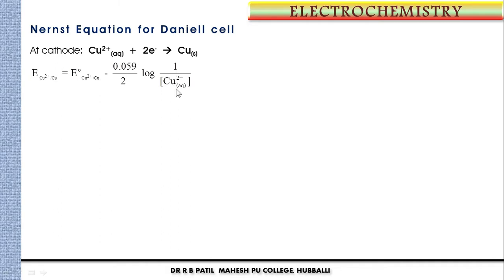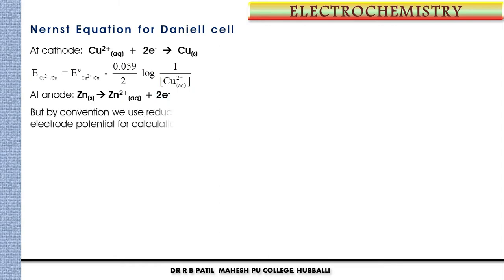Clear? And at the anode what happens? Zinc undergoes oxidation by losing 2 electrons. But as I already told, according to IUPAC convention, whenever we say electrode potential values, students, we have to say reduction electrode potential values. So what I do, I write that reaction in reduction form.